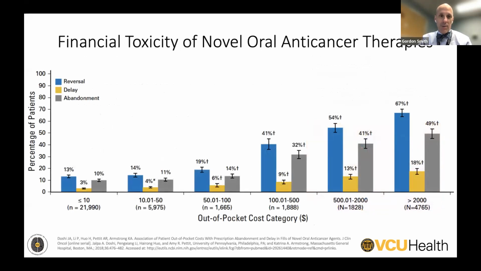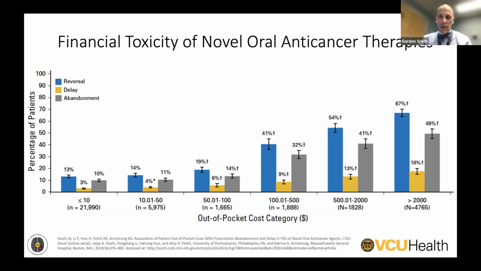And this is an example of that from the cancer literature. This is really focusing on novel oral anti-cancer therapies. And so the column to pay the closest attention to is the gray column, which is abandonment. And you can see that for low-cost drugs, these are prescriptions that cost $10 or less, 10% of prescriptions are abandoned, which is actually pretty remarkable and I think tells us something else.